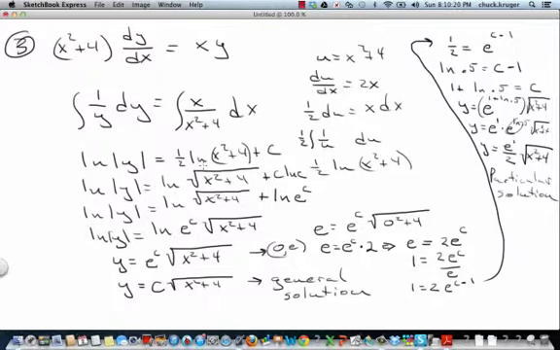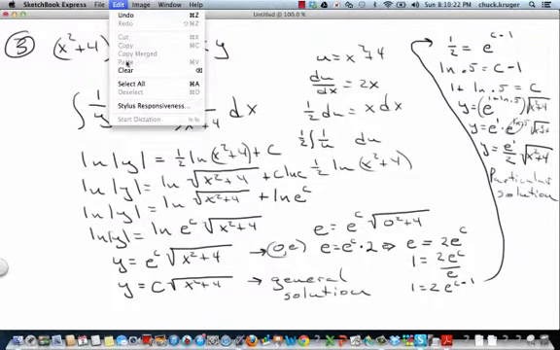All right, number 4. And number 4 is x y dx plus e to the negative x squared times y squared minus 1 dy equals 0.